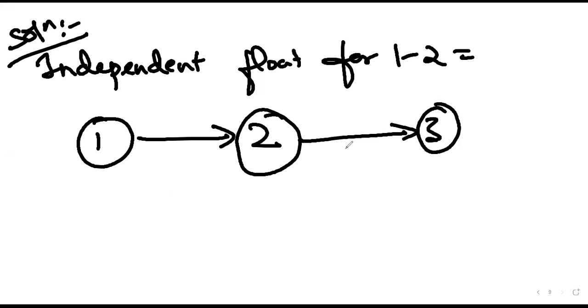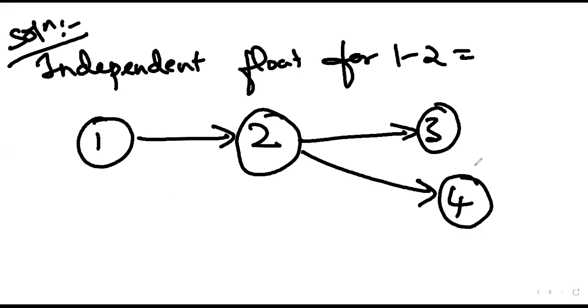No, 2-4 is also there. But it doesn't matter. We consider even only one activity, that is also fine because the early start will not change. So what is the early start for 2-3 and 2-4? 14.